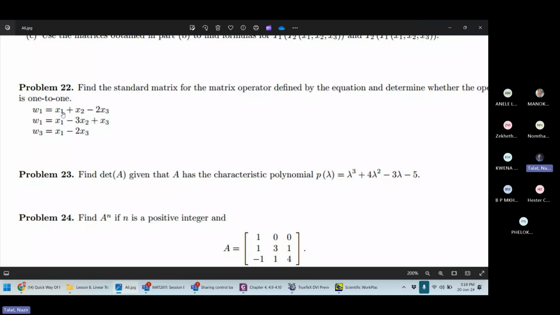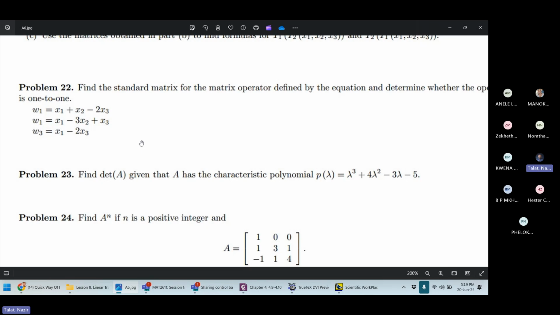Take a matrix A, which is 1, 1, minus 2, 1, minus 3, 1, and similarly 1, minus 1, 0, and minus 2. When you have these coefficients, it makes a matrix. Check whether this is invertible or not. Just take its determinant. If the determinant is non-zero, then this matrix is invertible.